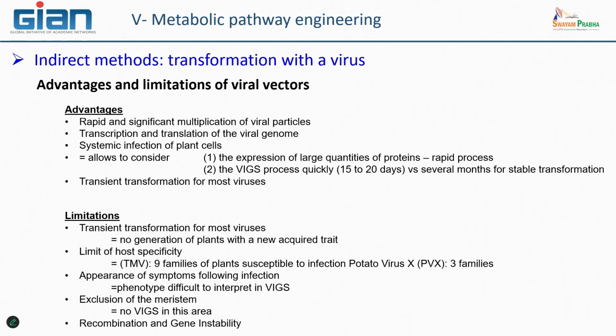Viruses are quite specific to certain species of plants, so sometimes you can't use any virus on any plant. You need to find a pair. It is exactly the same with Agrobacterium. There are lots of lines of Agrobacterium, and most of them are closely linked with specific families of plants. So you can't use the same Agrobacterium to transform all types of plants.